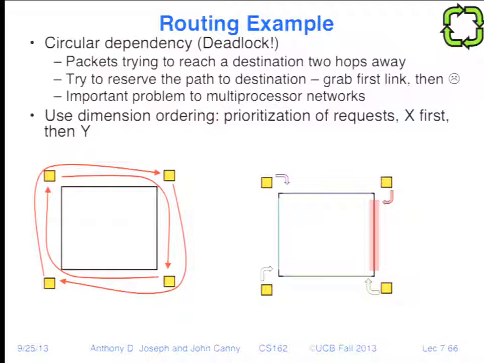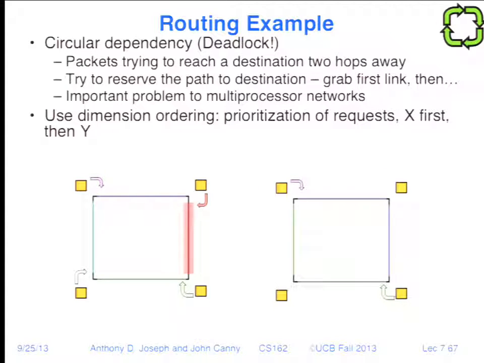It's now requesting the Y route, but the initial request was for X, and therefore the second request will preempt the guy that's holding the second link here. So the first request is getting both links because their initial direction was in X.